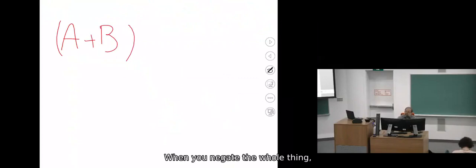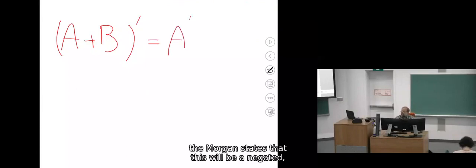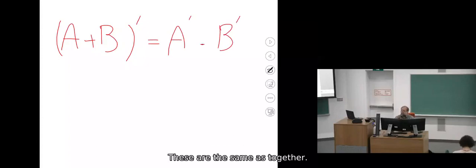A plus B: when you negate the whole thing, De Morgan states that this will be A negated, B negated, but OR will become AND. These are the same as each other.